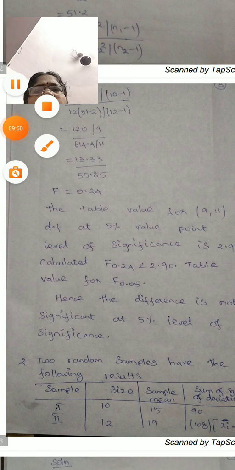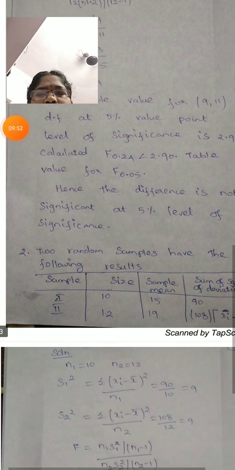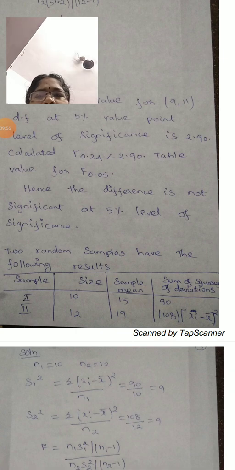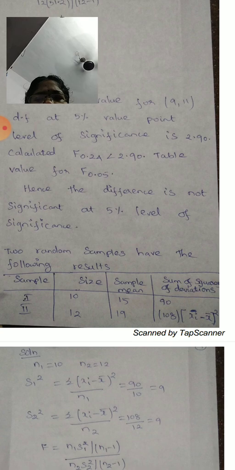And then one more problem. The next problem is: two random samples have the following results. Sample 1 size is 10 and sample 2 size is 12.